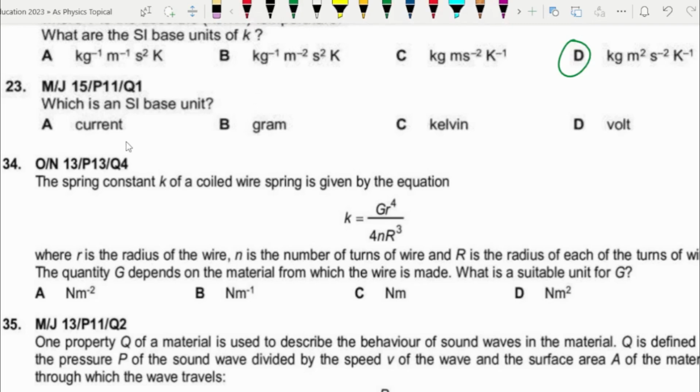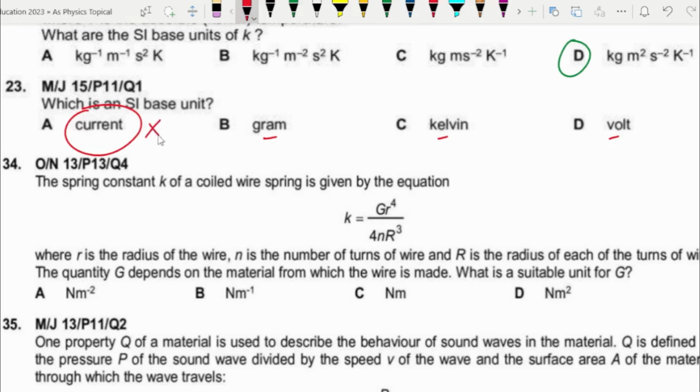So you need to mark the SI base unit. So grams is not the SI base unit. Kilogram is. Kelvin. Okay, and then we have volt. So current is not a unit in the first place. ये unit तो है ही नहीं. Forget about the base unit. Current is a physical quantity जिसका unit होता है ampere.